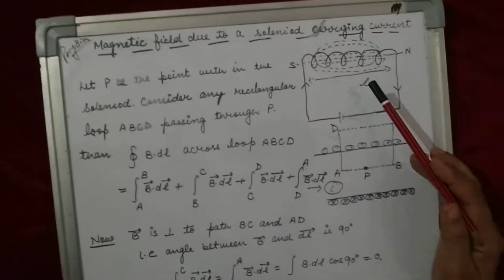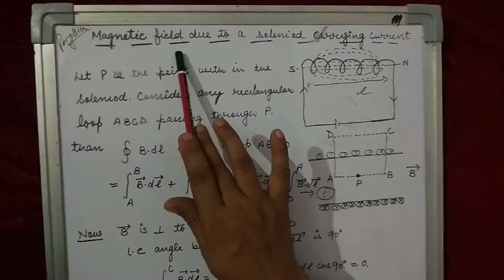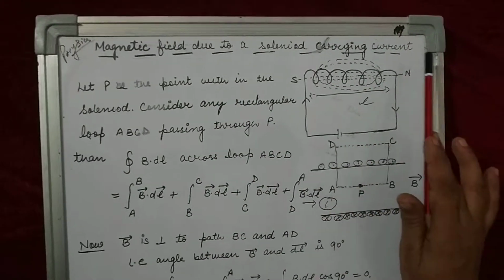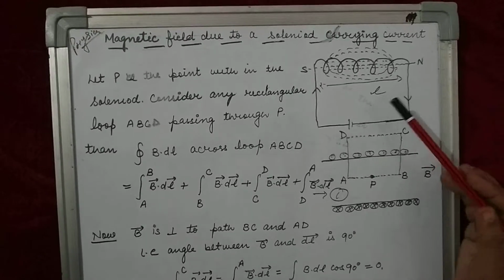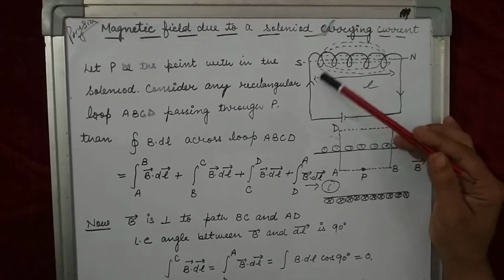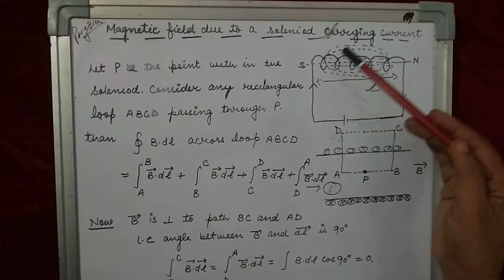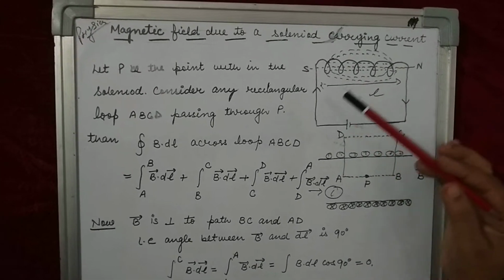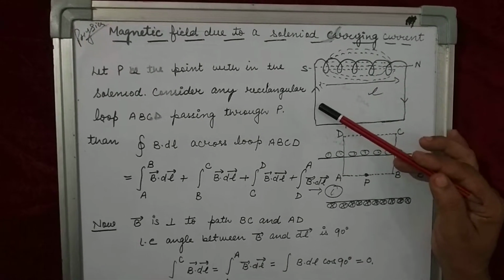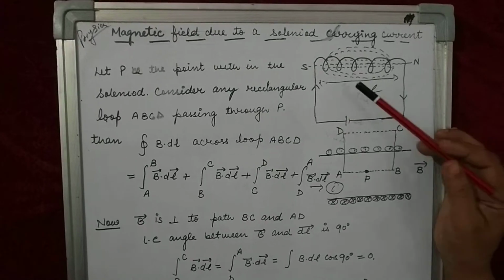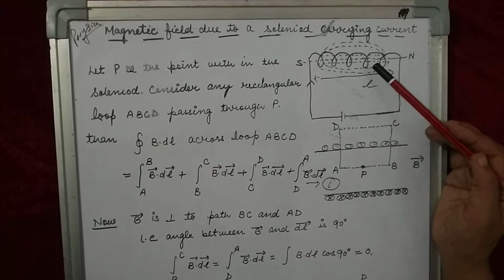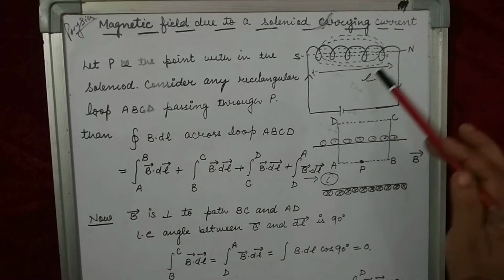Now we have to calculate the magnetic field due to a solenoid carrying current. For that, we consider this solenoid. When current is passing through it, a magnetic field is developed across this coil.